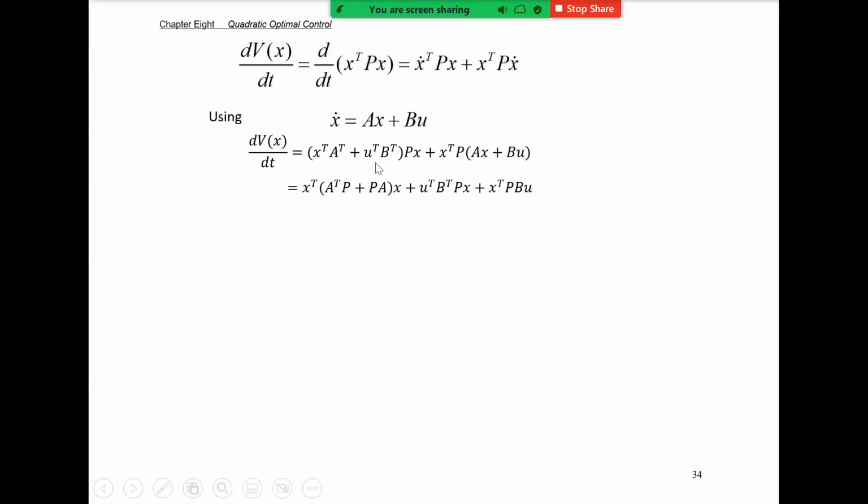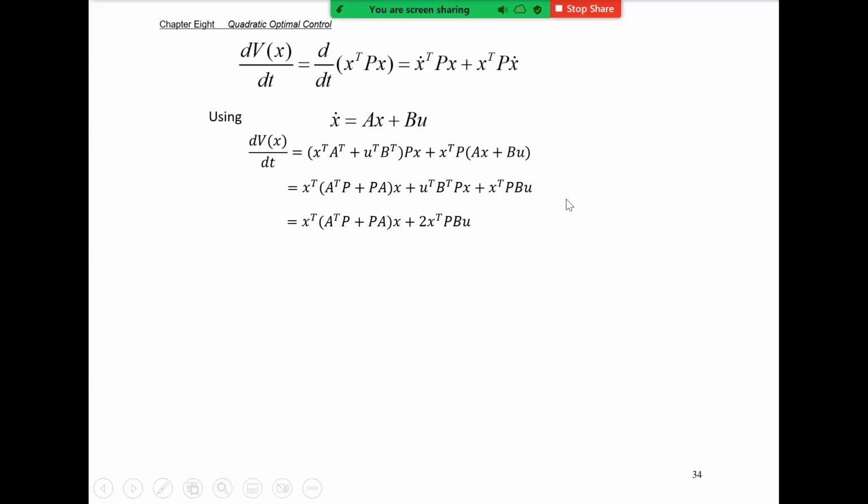So we put the different terms together. We have two terms associated with x transpose x: A transpose P plus P times A. And then we have those cross terms, x, u, times x.